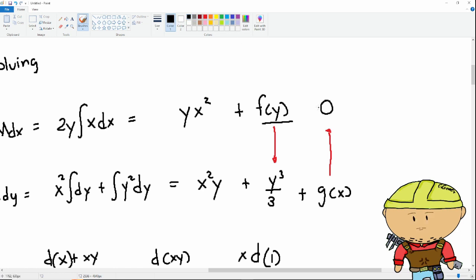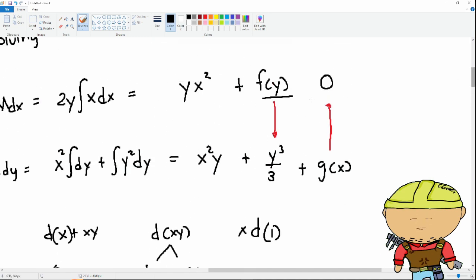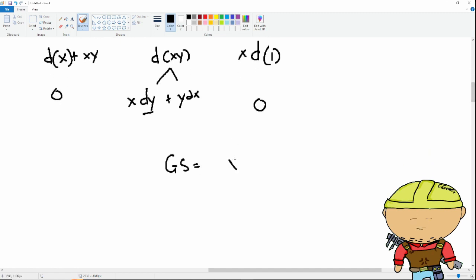Okay, so in this case, let's go to the general solution. We're gonna copy the common terms, x squared y. You see there's common terms in the equation. Common term x squared y, plus, let's identify f of y as y cubed over 3 and g of x as 0.